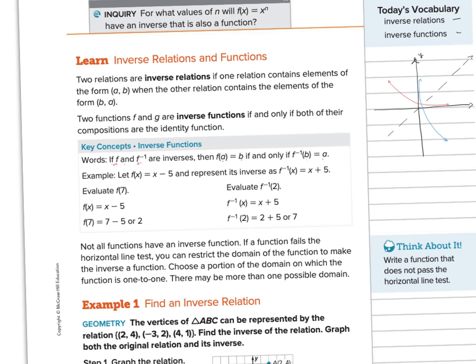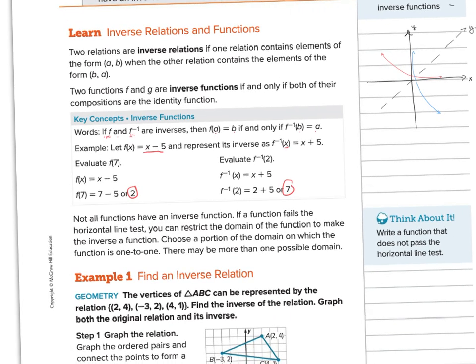That means they're working sort of in opposite. So looking at this example, if I put 7 in f, I get 2. Well, if I put 2 in the inverse and I get out a 7, then those would be inverse functions. And that's what they're saying, is that my input and my output are reversed.